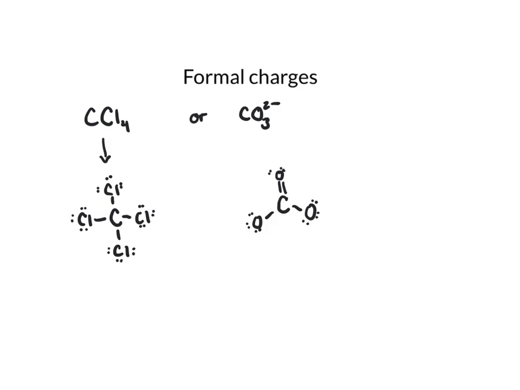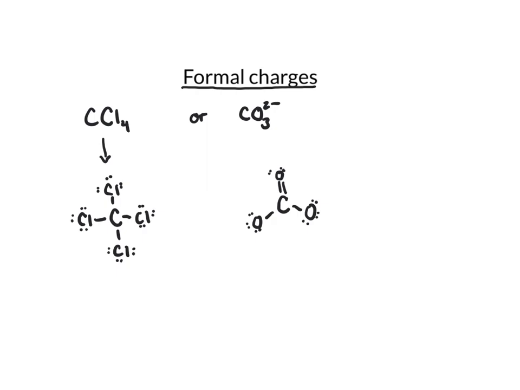And the question we want to ask now is, are any of these atoms more negative than the other atoms because of the number of electrons that they have around them? To do that, we're going to use the concept of formal charges. And this is just a way of keeping track of where the electrons are in the molecule.